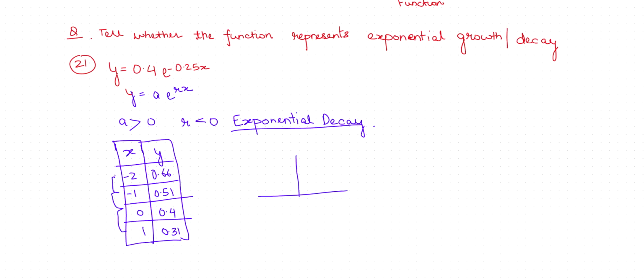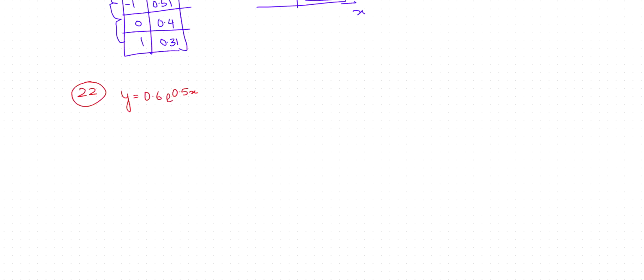It becomes less and less as x increases. Now let's do another problem. In this case, we see that a is greater than 0 and r is greater than 0. Both are positive, so it is an exponential growth function.